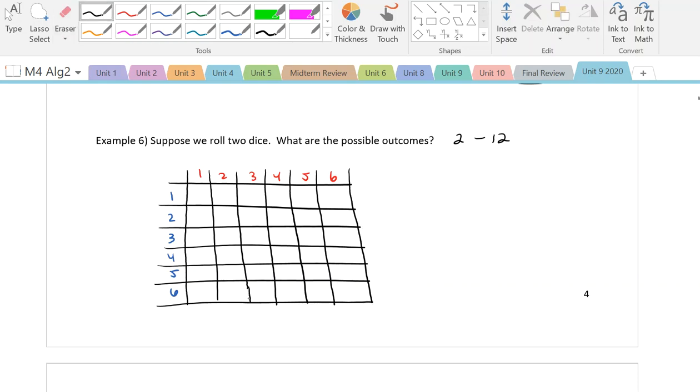So I could have snake eyes, 2 ones, and that sum's going to be 2. I could have a 1 and a 2, it'll be 3. Or a 2 and a 1 would also be 3. A 1 and a 3 would give me a 4. A 1 and a 4 would give me 5, 6, and 7. And so I'm just filling in what the sum of the faces would be.